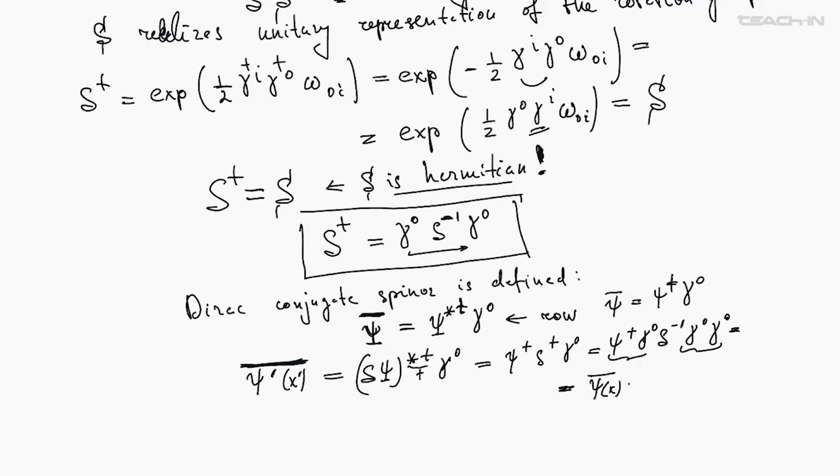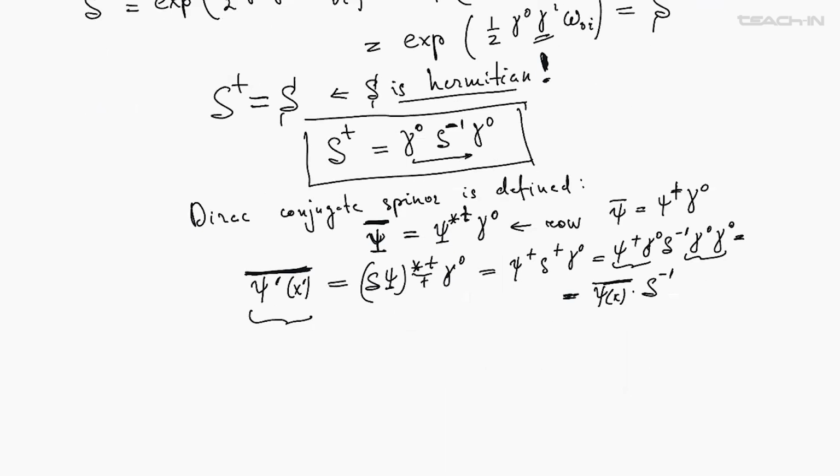So in other words, under Lorentz transformations, this Dirac conjugate spinor transforms simply by multiplying it from the right, because it is a row, by the matrix S minus 1, which is compatible actually with the Dirac equation now written in the following form.